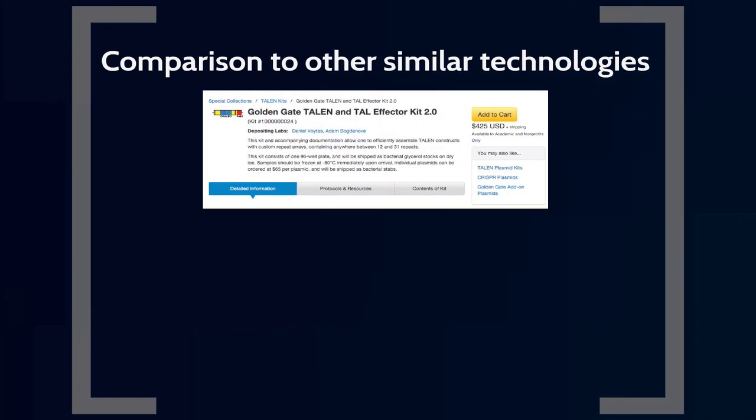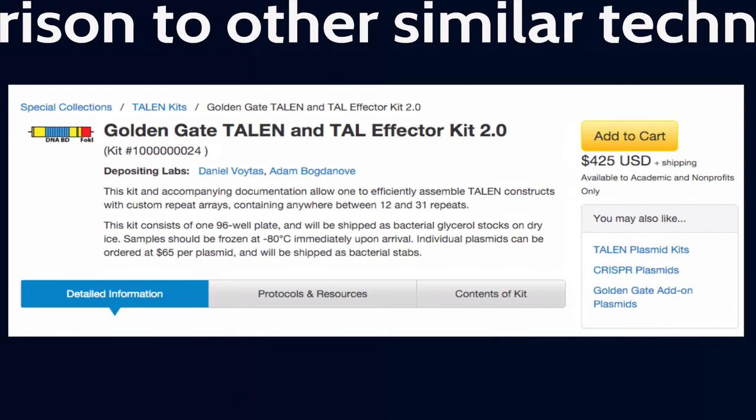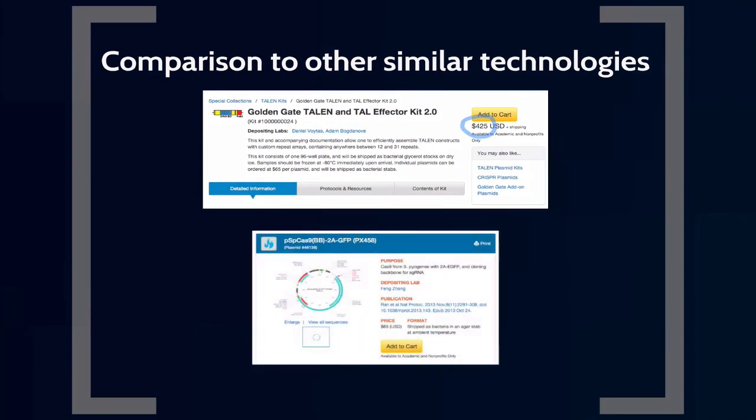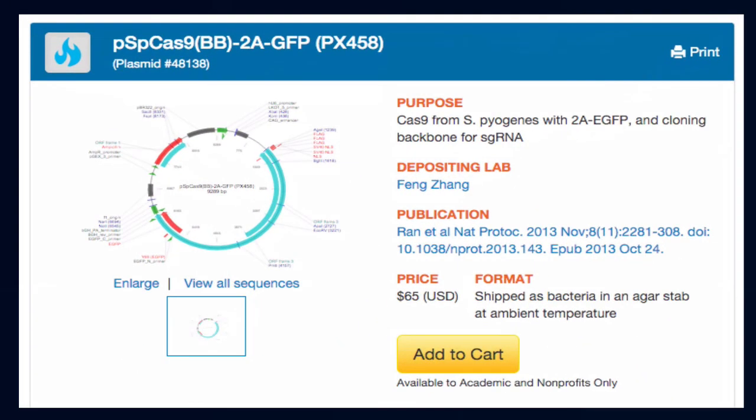That doesn't mean that they haven't gained popularity, right? So you can actually go online and buy a kit, right? A TALEN kit, and so the E was effector. It's an effector nuclease. You can buy TALEN kits for about $425 online. But you could buy a CRISPR-Cas9 vector for $65, right?